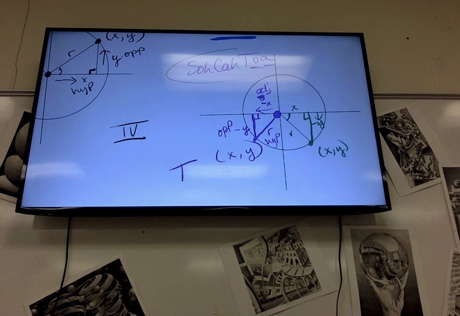So, which one, sine, cosine, or tangent, is positive? Yep. Because cosine uses adjacent, which is right here, over hypotenuse, and both of those are positive.